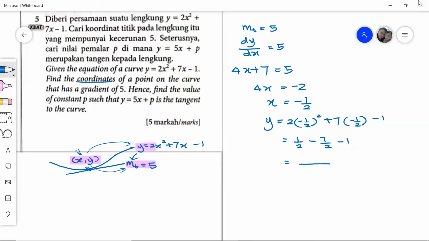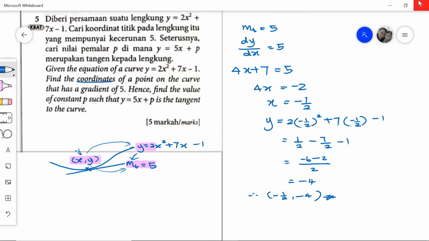So we can combine it. 1 minus 7, negative 6, plus minus 2. So we have negative 8 over 2, which is negative 4. So we found the coordinates to be negative half and negative 4.